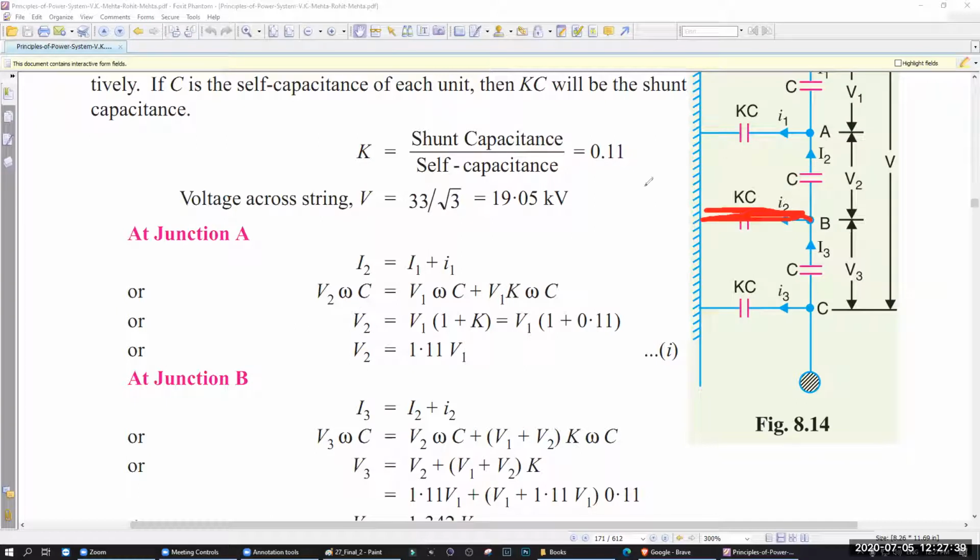This I2 will be V1 plus V2. Why? Because in this capacitor, the voltage is V2. In this capacitor, the voltage is V1, V3. In this capacitor, the voltage was V1. But in this capacitor, the voltage is what? V2 plus V3. Have you understood? In this capacitor, the voltage is V1 plus V2. Why?